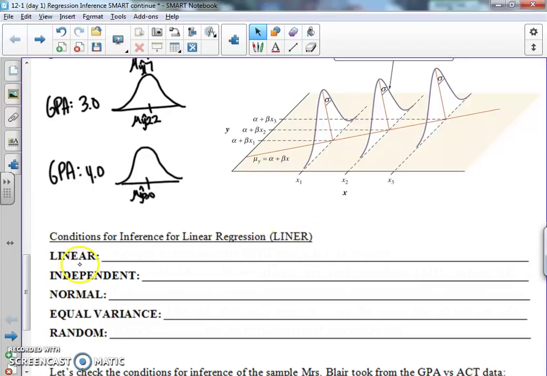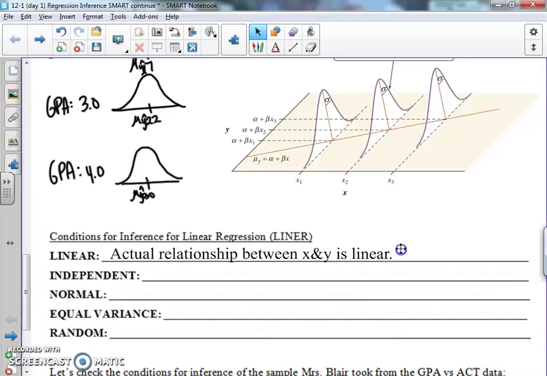L stands for linear. In order to do a confidence interval or significance test, the actual relationship between x and y is linear.